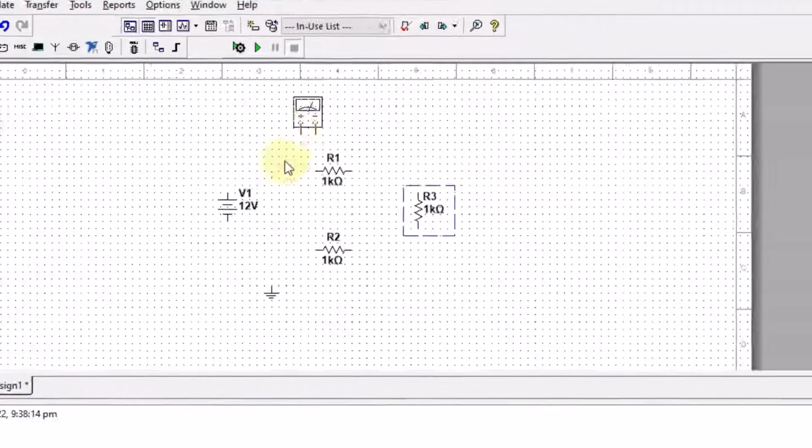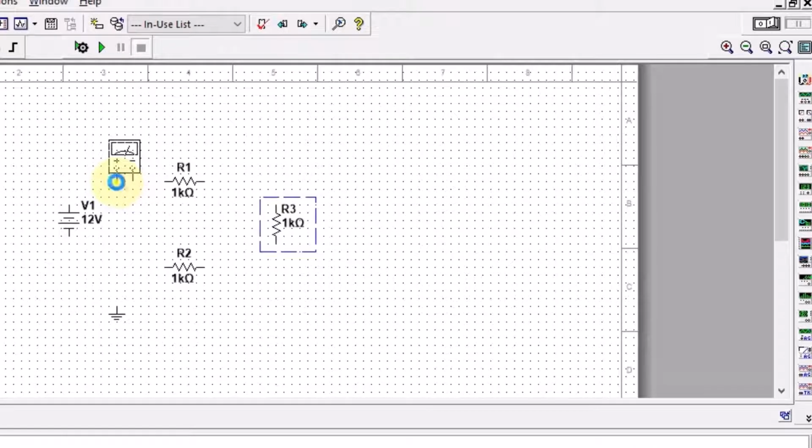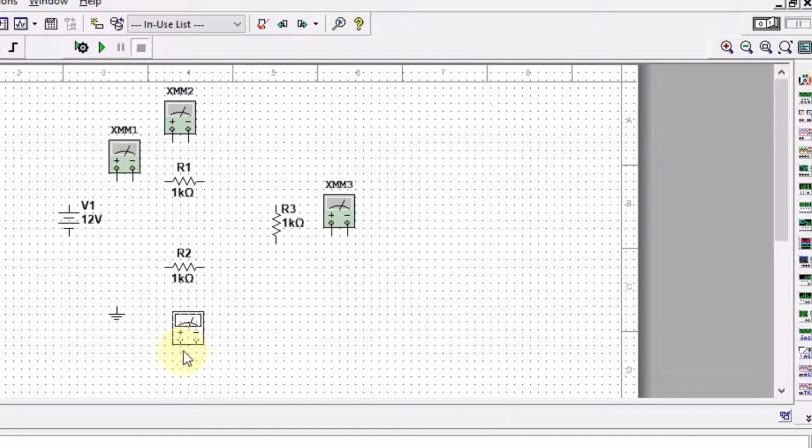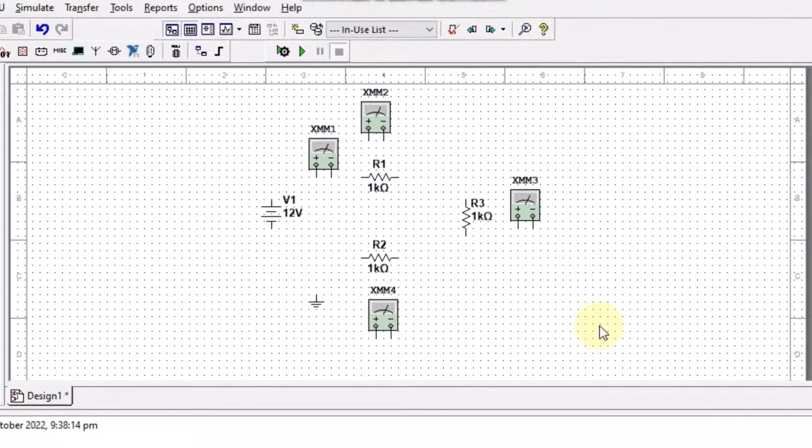The first multimeter will be used here to observe the current flowing through this series circuit. Similarly, one multimeter will be connected across the resistor R1, the other one across R3, while the third one will be connected across R2.